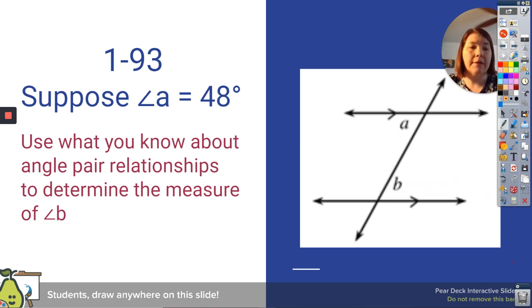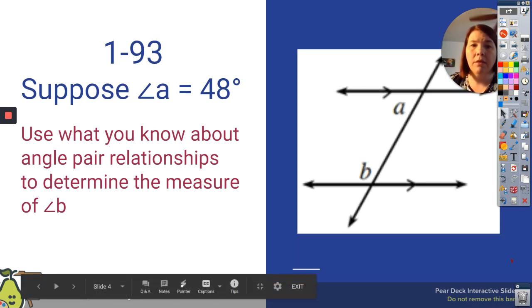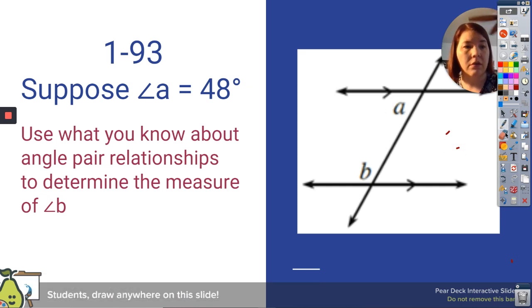Let's see what's next. Okay, A is still 48. It didn't change position, so it makes sense that it wouldn't change values. So what's the measure of angle B? With the same understanding, that one's 48 because they correspond.